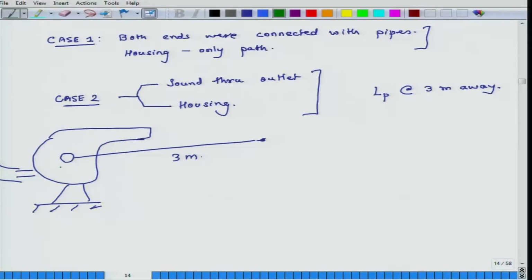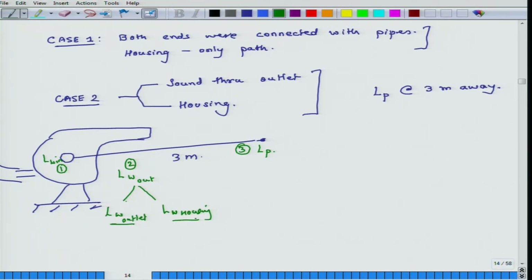The steps are still the same. First, we find out LW in. Second, we find out LW out, and third, we find out LP. The steps are still the same, but for calculating LW out, now I have to find LW outlet and LW housing.